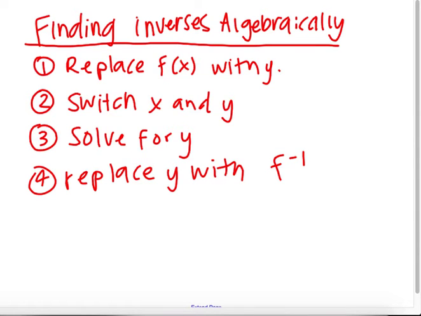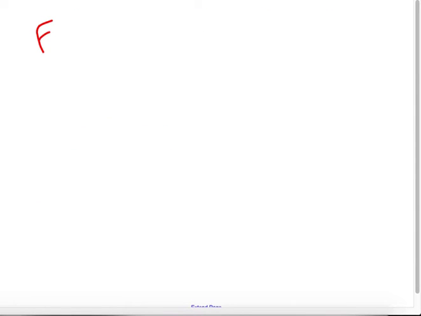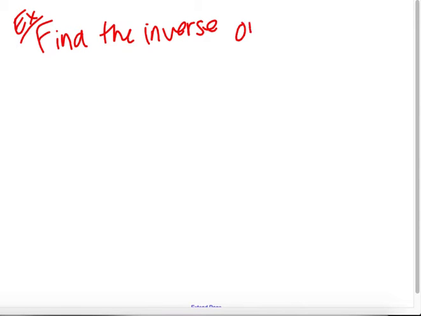So we're going to find the inverse, so this is an example. Find the inverse of f of x equals x squared plus 1. And then we'll do a couple other examples.